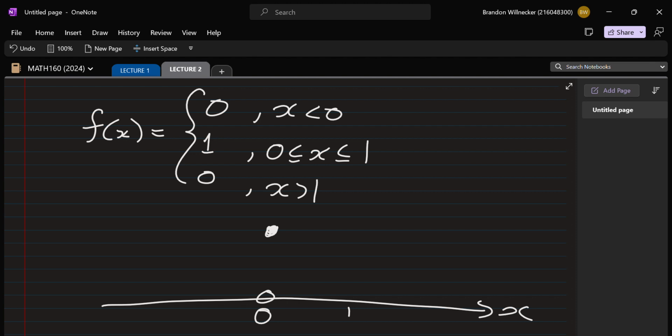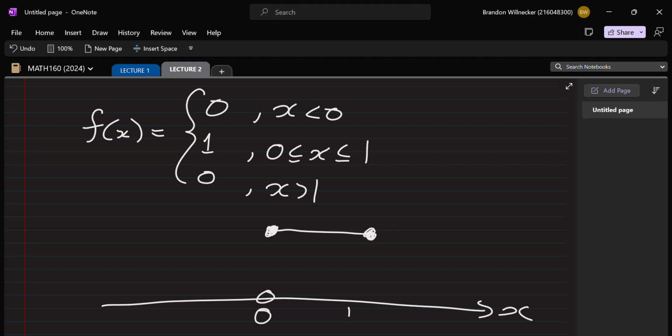The function value is not 0 there because x being less than 0 does not include 0. So between 0 and 1, it's the constant function 1, up to 1. Again, closed circle at the endpoint because the domain there includes 1. Then x being greater than 1, after that point the function goes back to being 0.